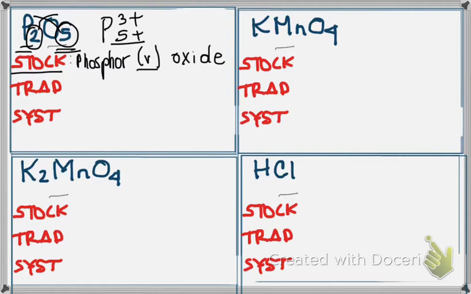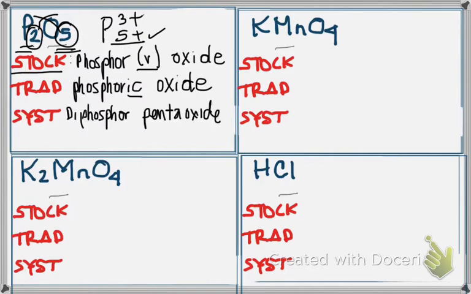For traditional, you have 2 options, and because it's using the biggest one, it will end in ic, phosphoric oxide. And for the systematic one, you will mention the number of atoms that each element has. So for the phosphor, you have 2, and oxygen, you have 5, so that will be diphosphor pentaoxide.